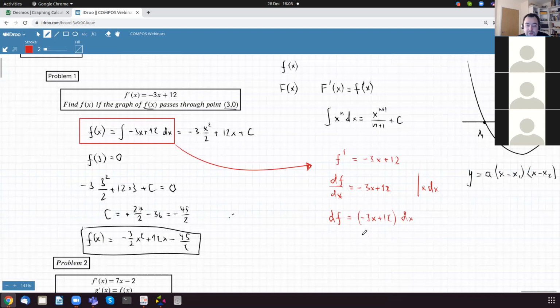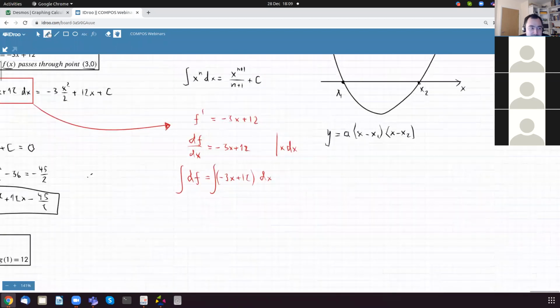And then we integrate both sides. We put an integral on both sides. If you look closely, the integral on the left is equivalent to the integral of dx, just with a different variable. F is the variable, so it's 1 dx, and the integral of that is x plus c.